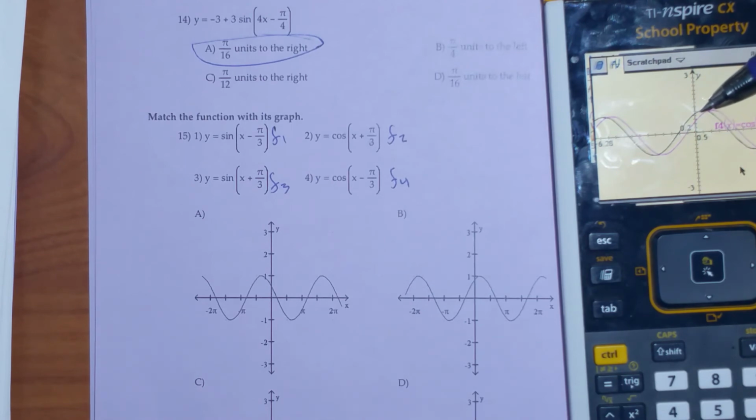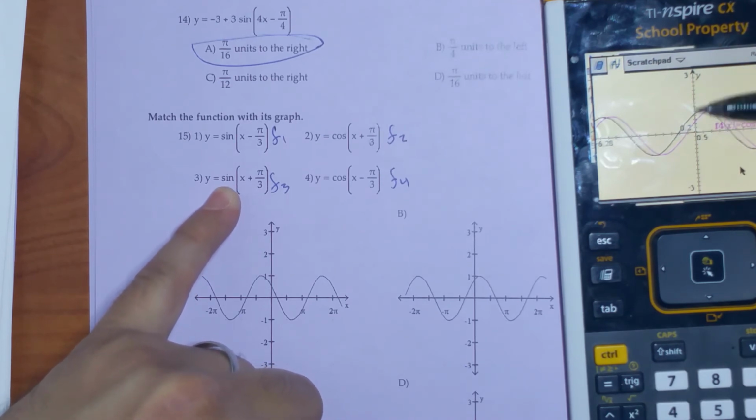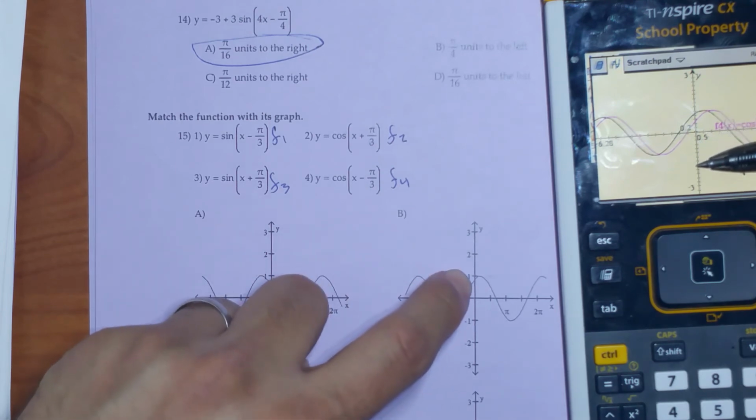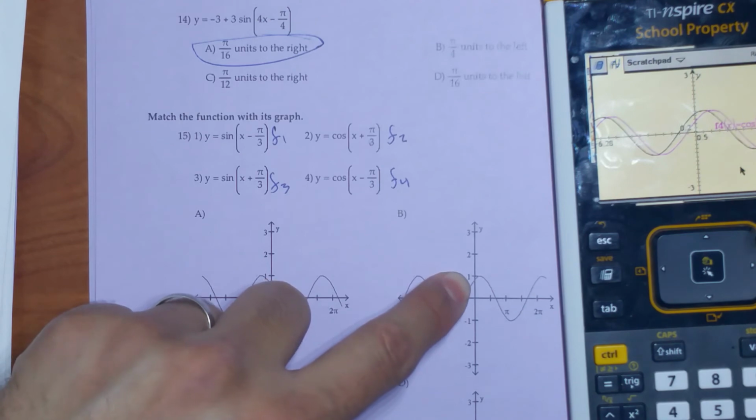Okay, so now the black one. I accidentally deleted the label for that one. That was my F3, right? Yep. The black one starts higher on the y-axis, closer to 1, isn't it? Yeah. So let's take a look.